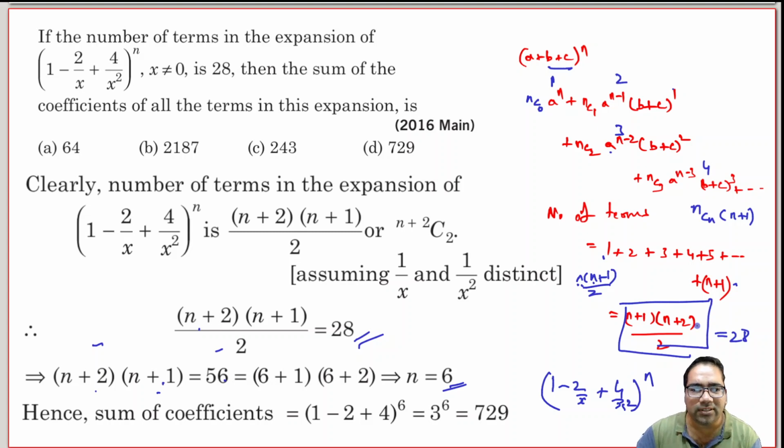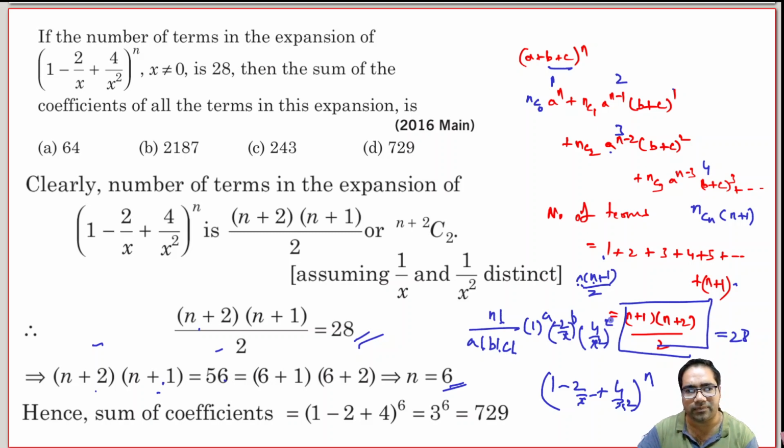Now when you substitute x equal to 1, whatever the general term of this expansion has, if you do a multinomial kind of expansion, the general term is n factorial by a factorial b factorial c factorial, into 1 power a, (minus 2 by x) whole power b, and (4 by x square) whole power c.